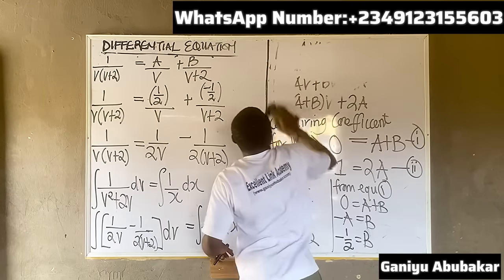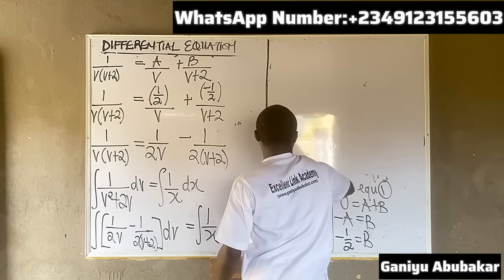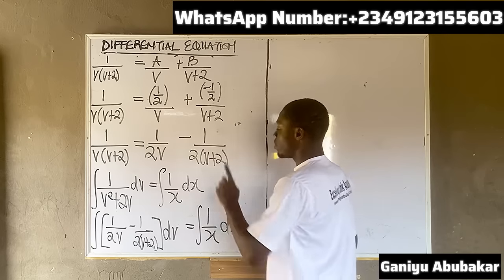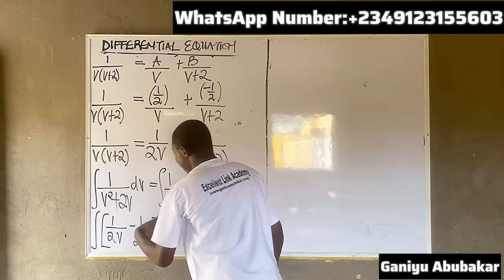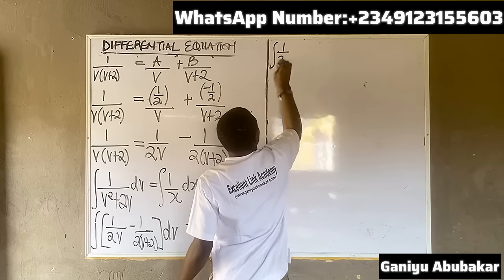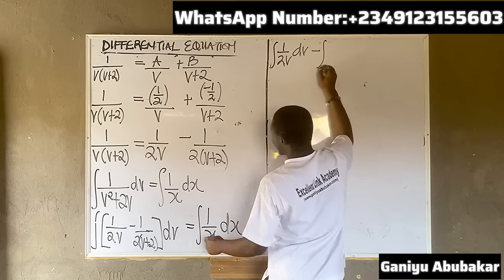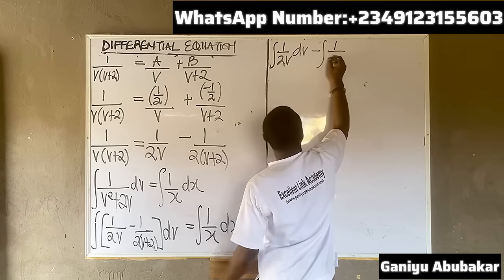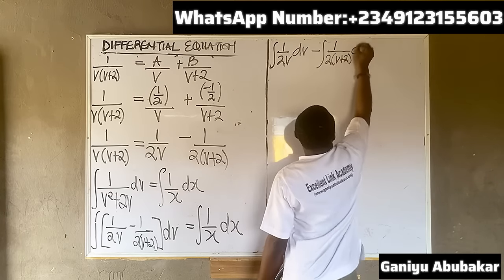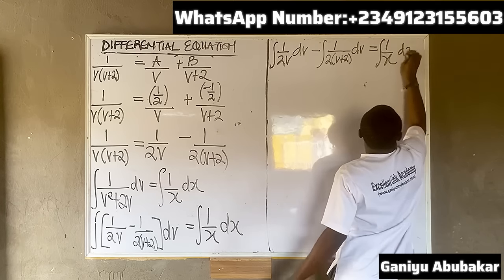Let's proceed from here. So now listen please, multiply the integral with each term and attach the v to it. That gives you the integral of 1 over 2v, attach the v, then minus the integral of 1 over 2 into v plus 2, attach the v to it, equals the integral of 1 over x dx.